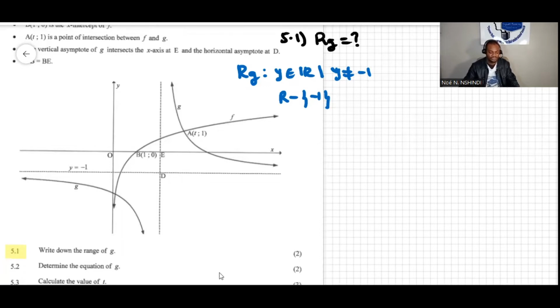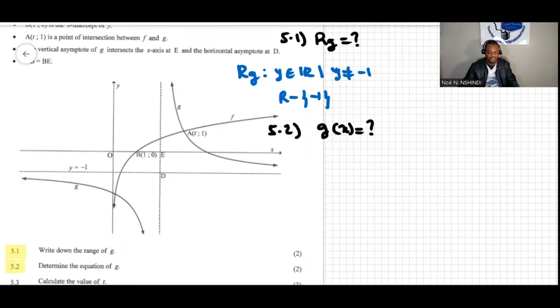And the other question is question 5.2. The question says, determine the equation of g. Now, I'm going to write the question over here, 5.2. We're looking for the equation of g.